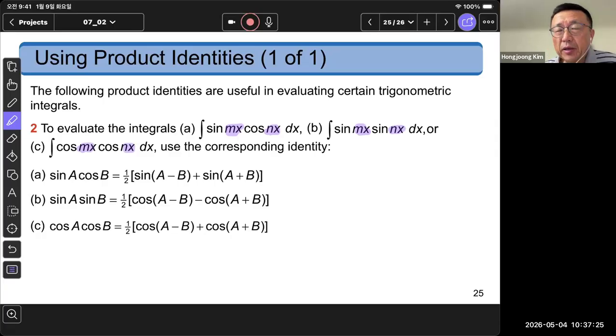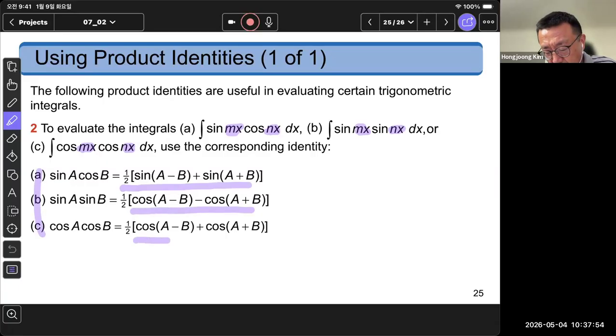In that case, we need to split this product using one of these identities. So sine A times cosine B can be written by this, and sine A times sine B can be written by this, and cosine A times cosine B can be written by this, right?